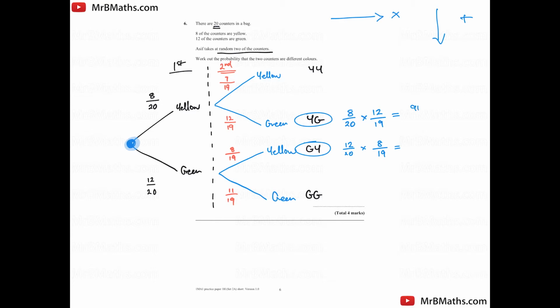So we get 96 over 380. Okay, so we've got our two probabilities. Now we need to go down and add them. So 96 plus 96 will give us 192 over 380.